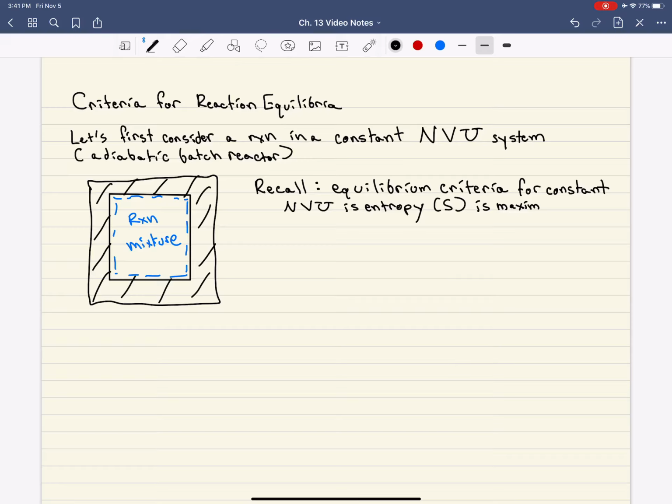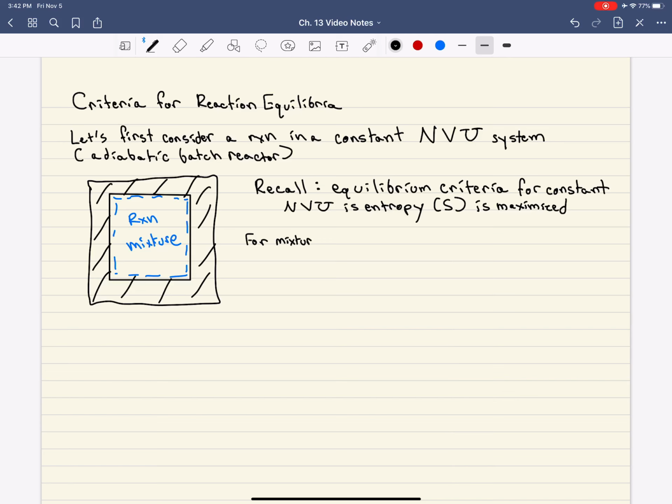Okay? Alright, and so somehow we want to figure out a way to formally identify when entropy in the system is maximized. Okay? And so what we're going to do is basically write this in terms of the fundamental equation of entropy.